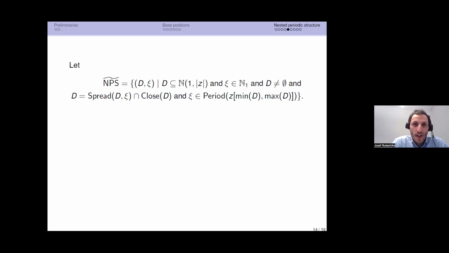The first parameter in the couple is, as I said, D, some set of positions, and the xi is the period, because the set of positions represents some factor of the word Z. Given the minimal value of D and the maximal value of D, I have the starting and ending position of the word Z, and this defines a factor of the word Z. And then I claim in this definition that this factor is periodic with xi.